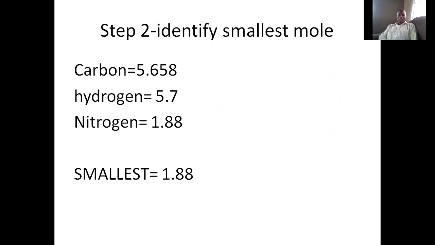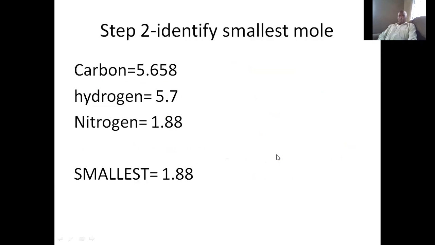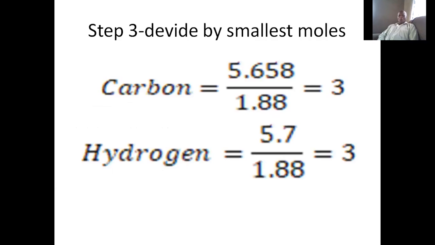And so the smallest number of moles here is 1.88 moles. This 1.88 moles is the one we're going to divide each of these by to find the mole ratio. For carbon, we divide 5.658 by 1.88, which gives us 3. For hydrogen, we found 5.7, divided by 1.88, which gives us 3.